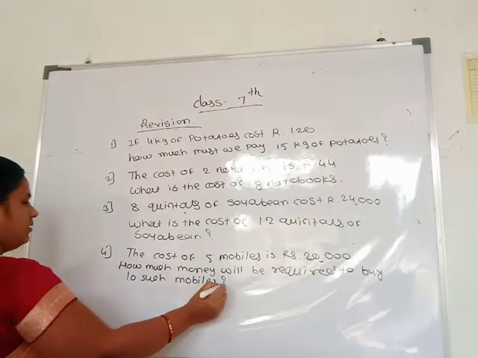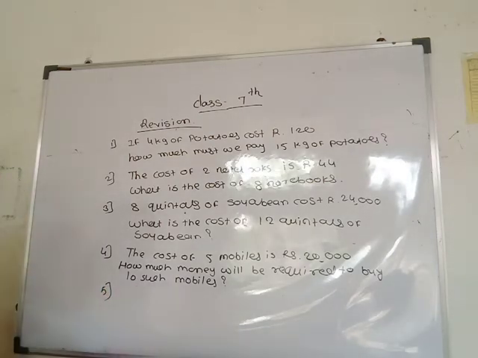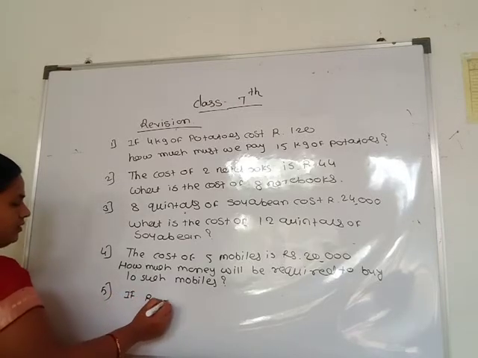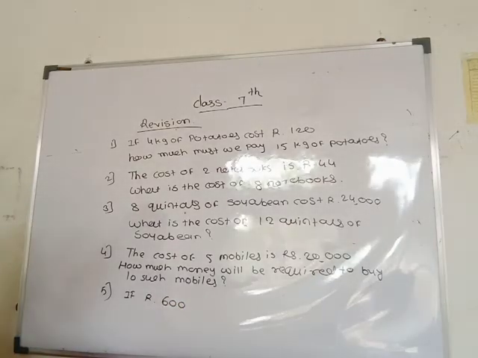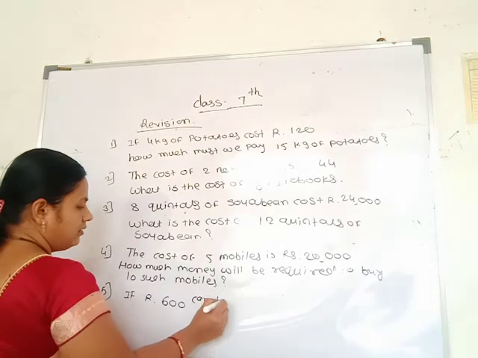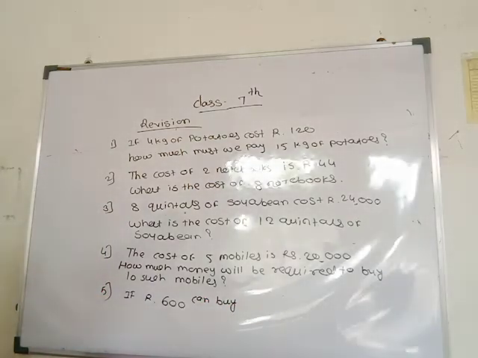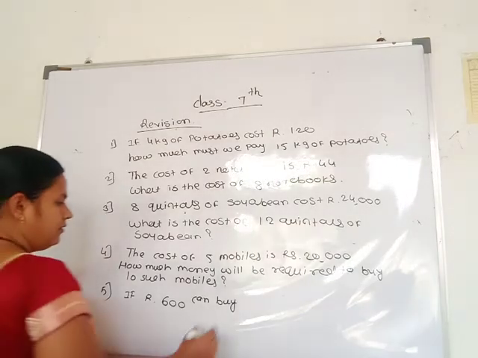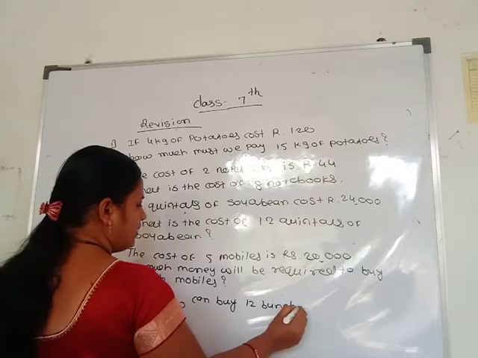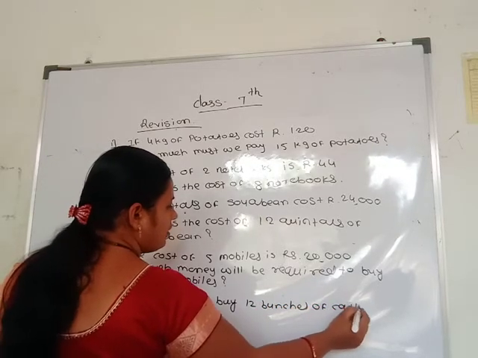Then fifth one, rupees 600 can buy 12 bunches of cattle feed.